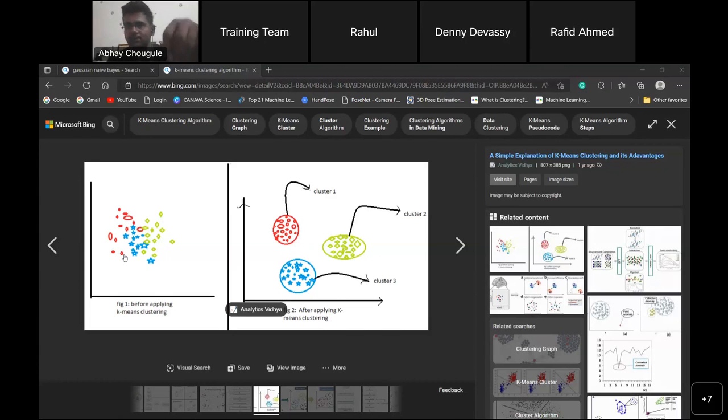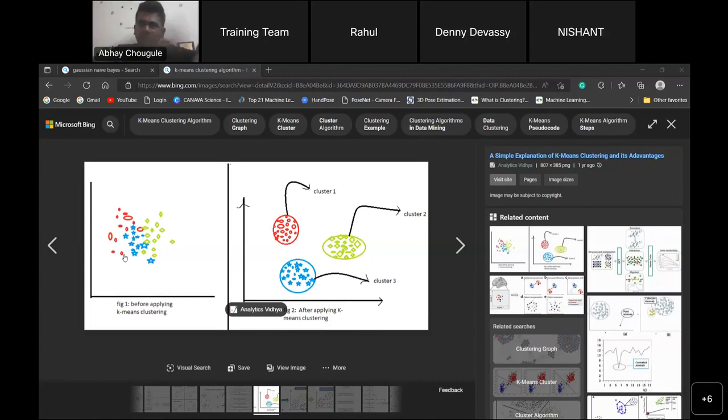That center point is nothing but the center. How can you calculate the center? With the mean, median, or mode, you can calculate the center point, and that center point is nothing but the centroid.